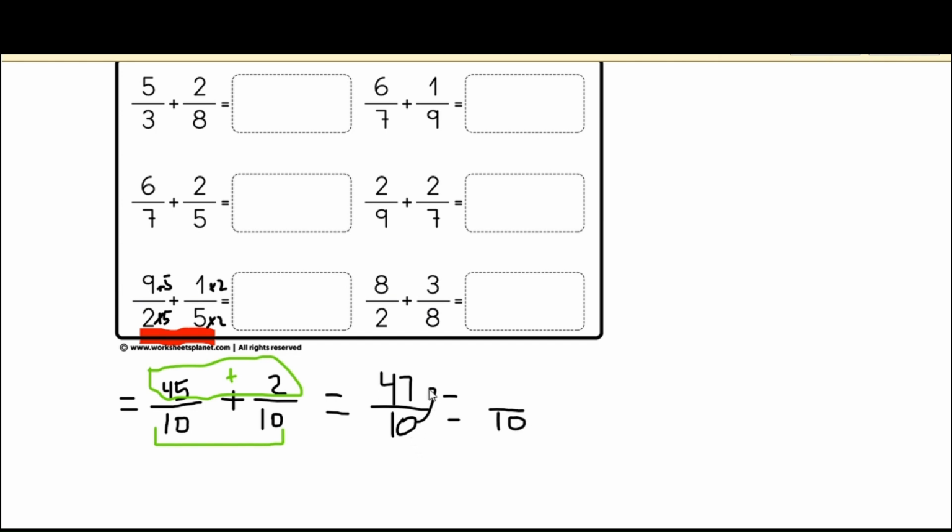And we just write 10 at the bottom as a denominator. So we write 10 at the bottom.